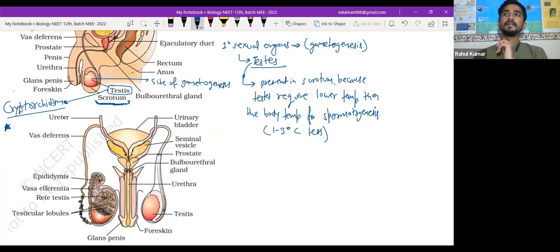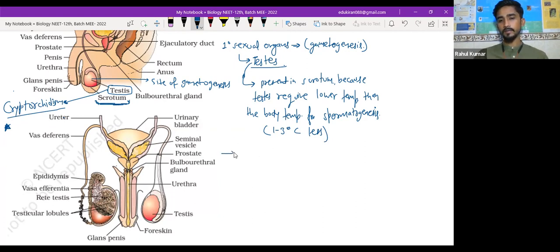And second thing, I am saying that testes are descending down. So they must be coming through something, right? There should be a passage, a space from which they are coming into the scrotum, right? So that passage is known as inguinal canal.